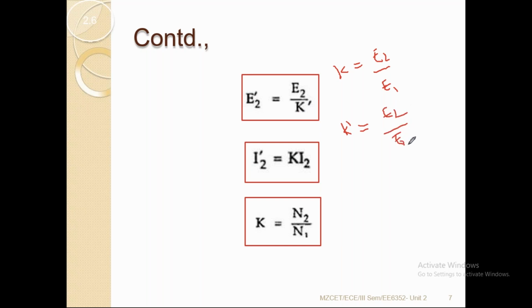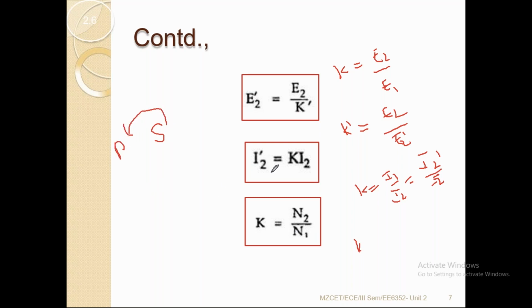So this is the equation when the secondary is shifted to the primary. Okay, now similarly, K is equal to I1 by I2. Now this equation represents, when secondary is shifted to the primary, I2 dash divided by I2. At the same time, K is N2 by N1. So these are the equations when secondary parameters are shifted or transferred to the primary.